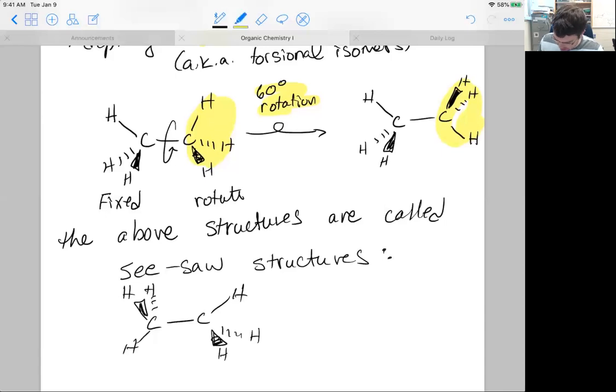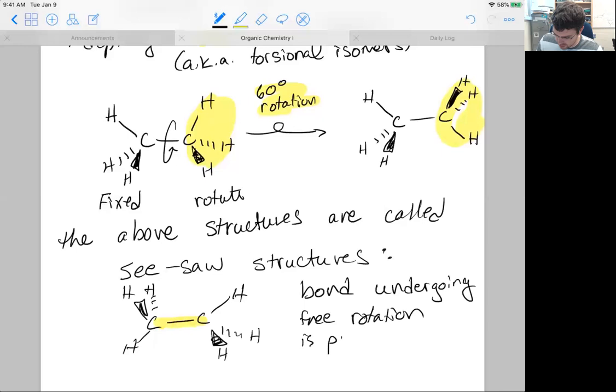And the key thing is the bond of interest is drawn parallel to the plane of the bottom of the paper. The bond undergoing free rotation is parallel to the bottom of the paper.